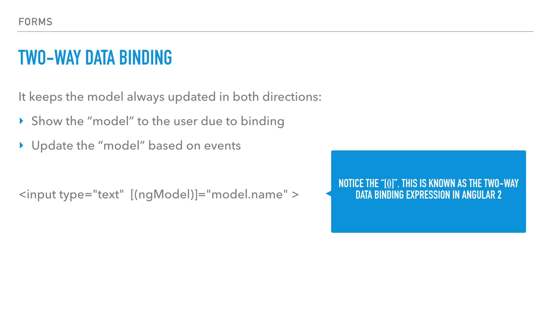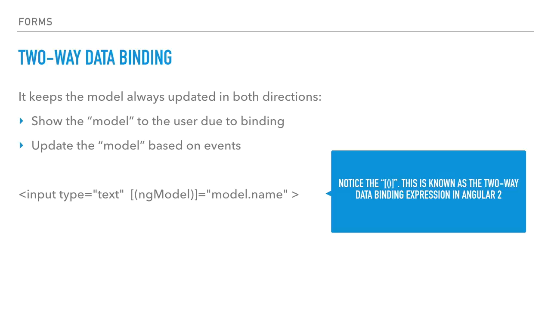Okay, so two-way data binding. In the previous videos, we have seen that we can get the user data from events with the parentheses, right? So if you pay attention to the previous class, you will remember that to capture events from the DOM, you use the parentheses and attach this to an event.